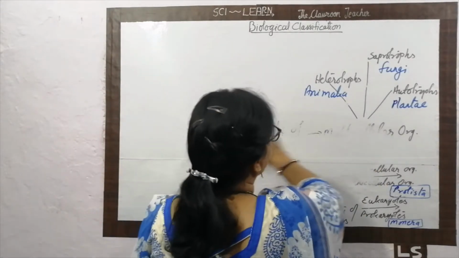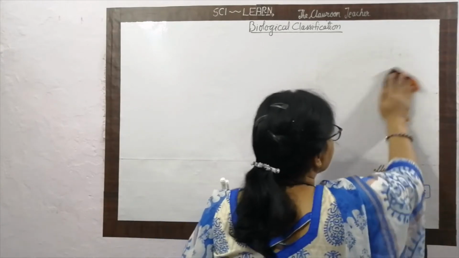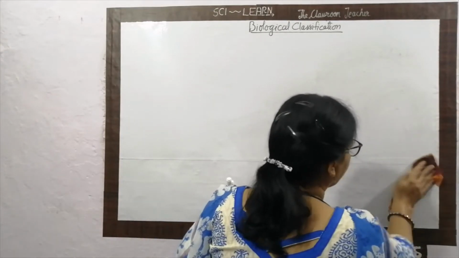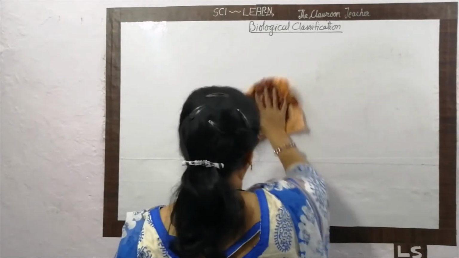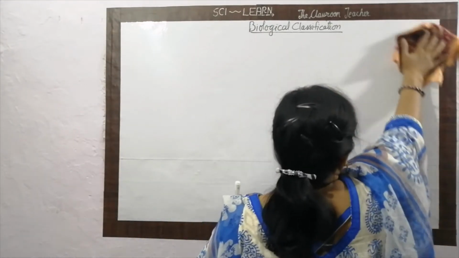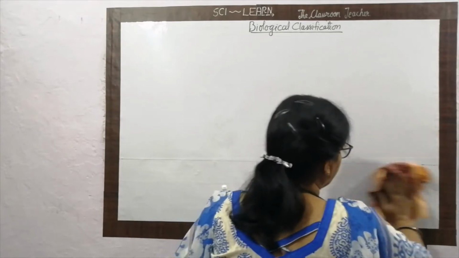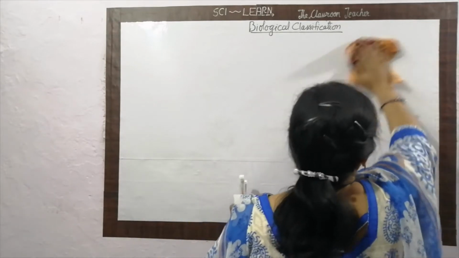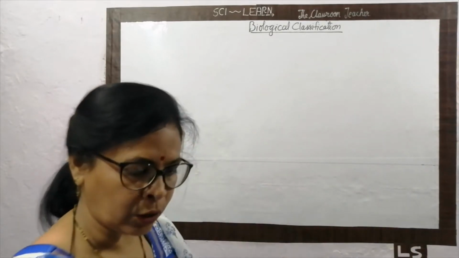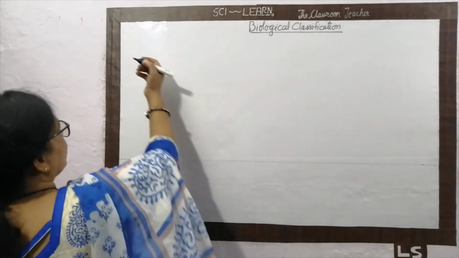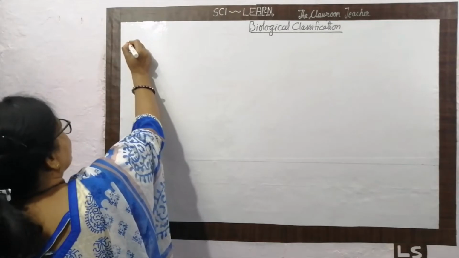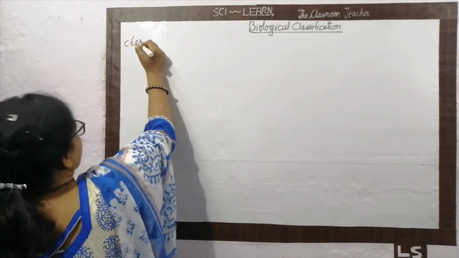Now we are going to compare these properties in tabular form in all the 5 kingdoms. In tabular form, we are able to study it well. So we are going to study all these characters in tabular form, according to Whittaker's proposed theory. First is for the character.